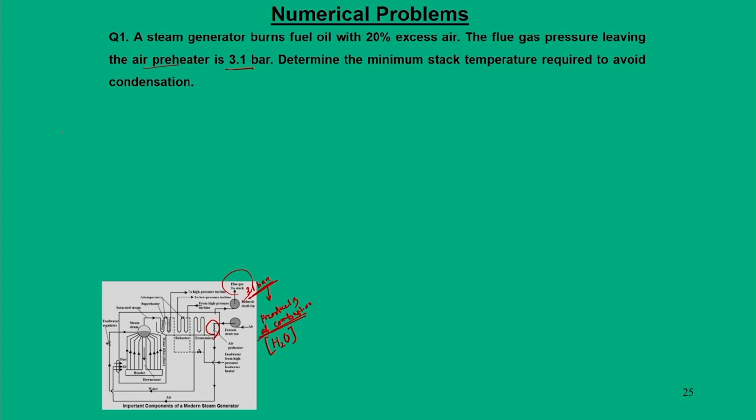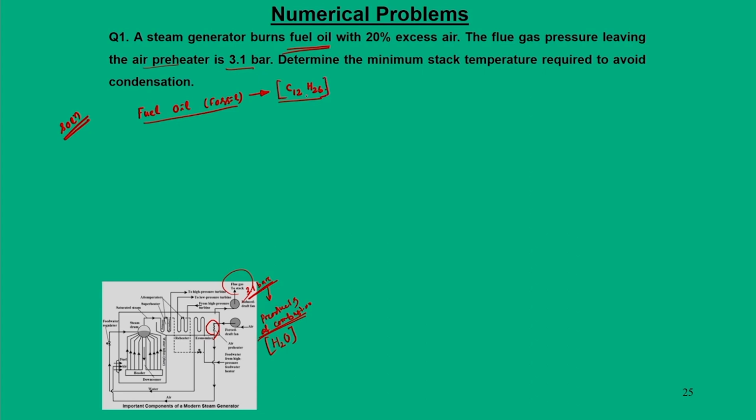First, let us see what the fuel is. The fuel in this case is fuel oil, which is typically a fossil fuel. For its chemical formula, we can assume it is C12H26. So, you take this chemical composition as C12H26.